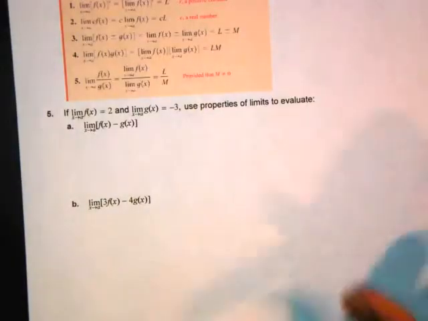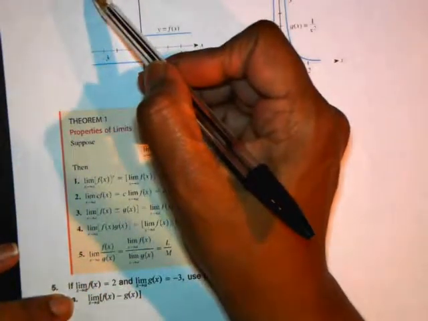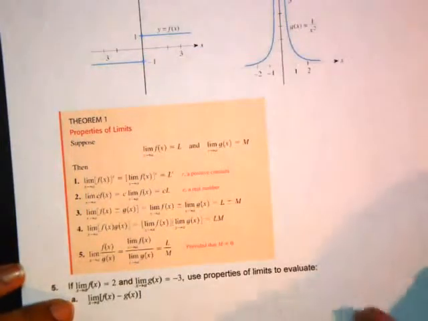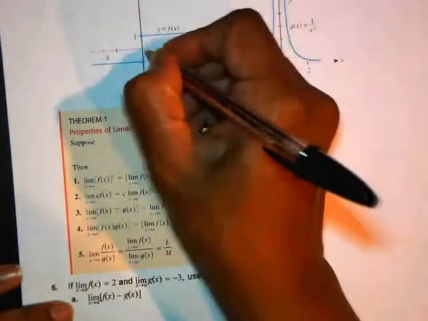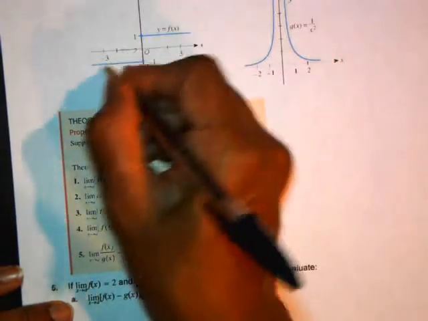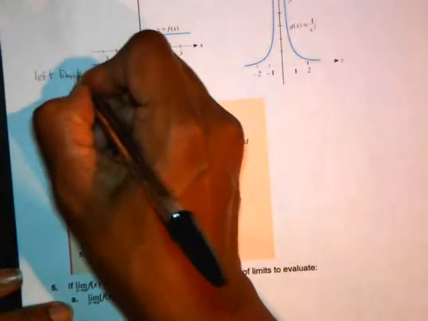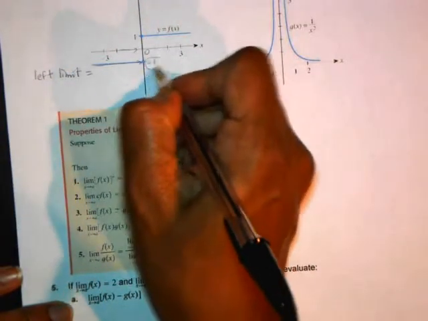Alright, a couple more. Evaluate the limit as x goes to 0 of the function. The key is that as you approach 0 on the x-axis from the left side, you're down here on the graph. So this is the left limit. The left limit is -1, this y value.